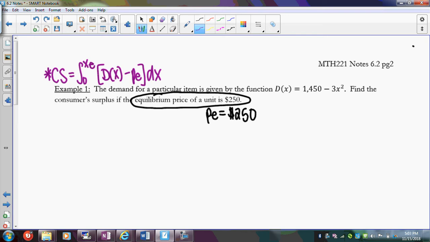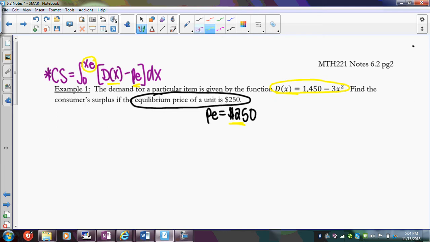And if you look at what we have, well, we have d of x. I have p sub e. And now what I need, that I don't have, is x sub e. In order for me to plug in and integrate, the first thing I need to do is find x sub e.